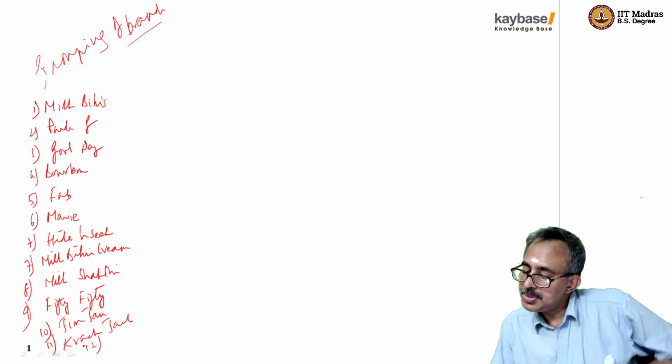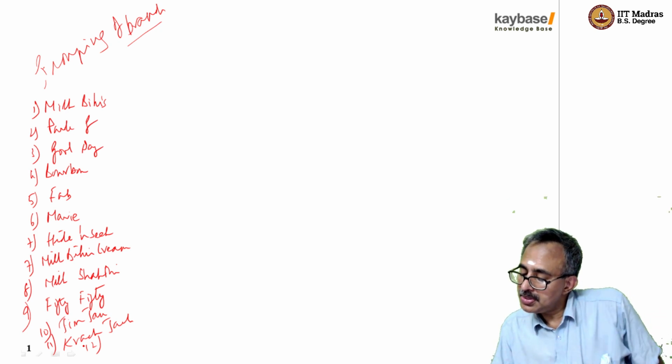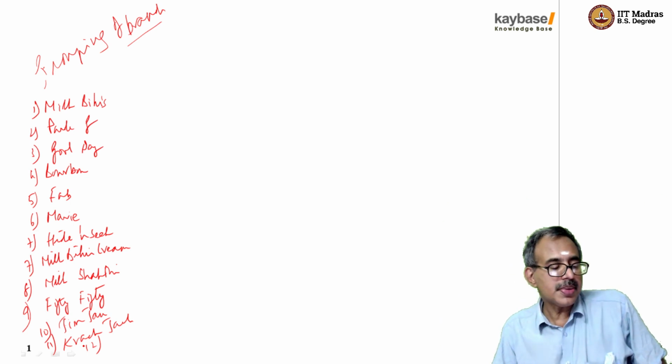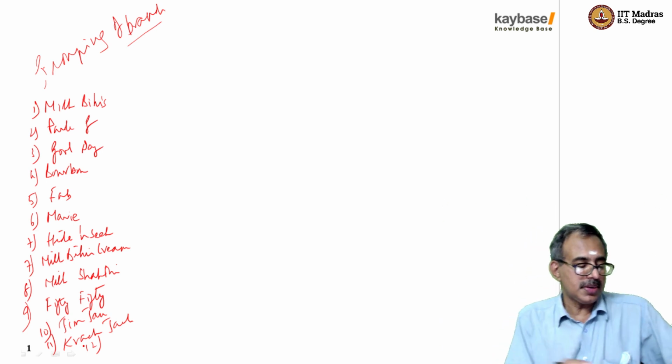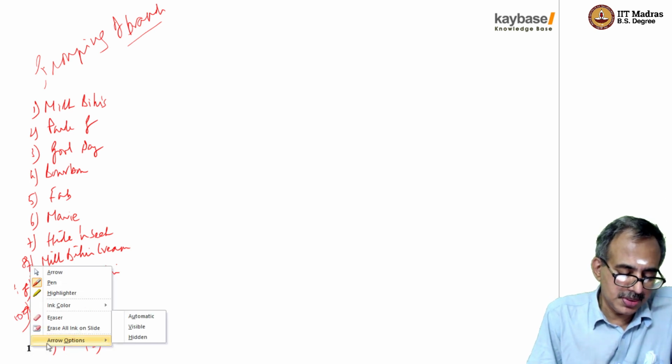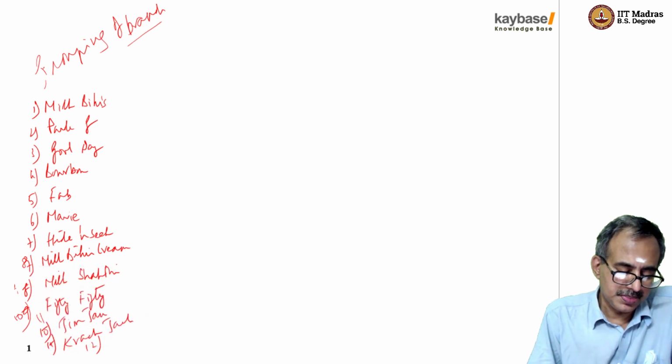Do I have Good Day, Jim Jam, Milk Bikis, Milk Shakti, Crack Jack, 50-50, Fab, Marie? I have all these biscuits here. Give me one more brand, please. Have I got the numbering wrong somewhere? Oh, yes, I've got the numbering wrong somewhere. 8, 9, 10, 11, 12. So there are 12 brands here. Right?